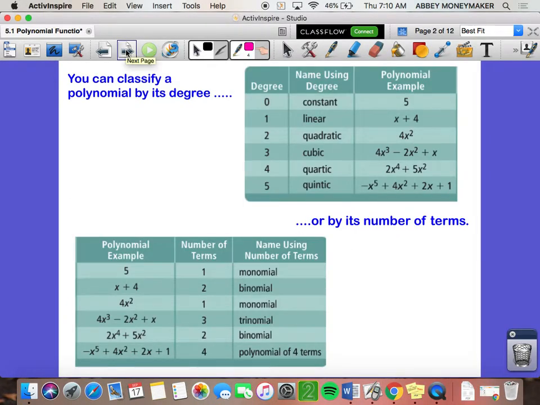So in order for you to be able to classify a polynomial, once you have it in standard form, you have to know the names they go by. Every polynomial has a first and a last name, just like we do. Its first name is its degree name. We classify a polynomial by its highest degree.